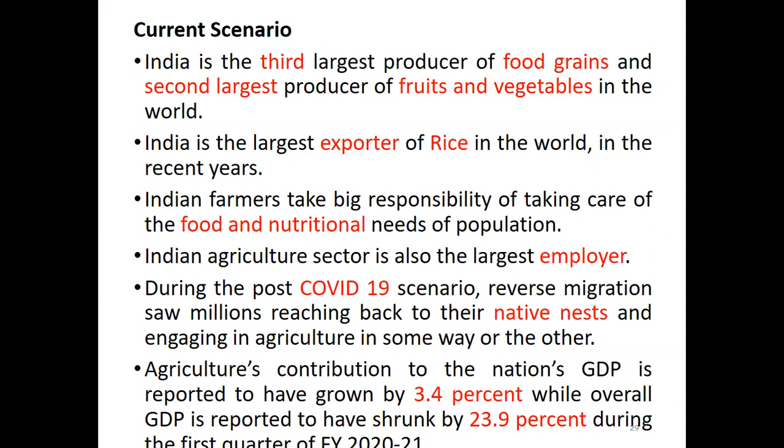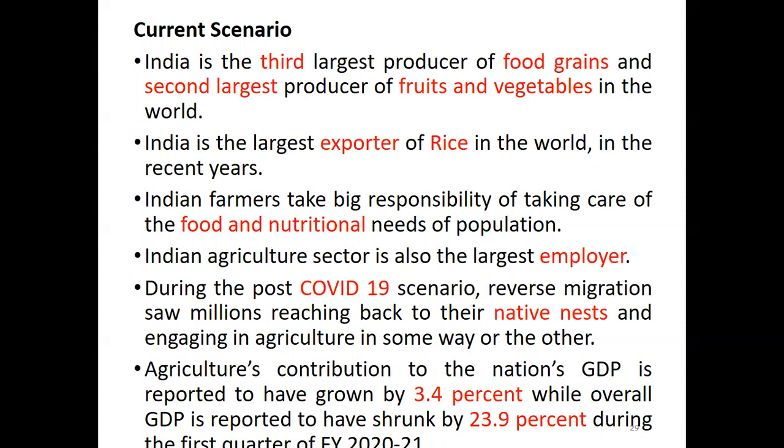Though the contribution to GDP from the agricultural sector is not good, India is still third largest in food grain and second largest in fruits and vegetables across the world. India is also the largest exporter of rice in the world in recent years. We are exporting rice.